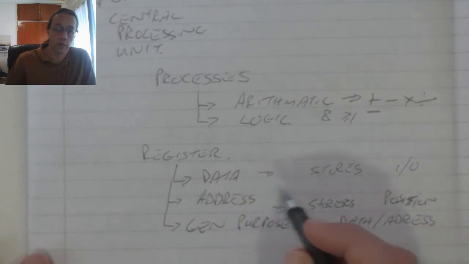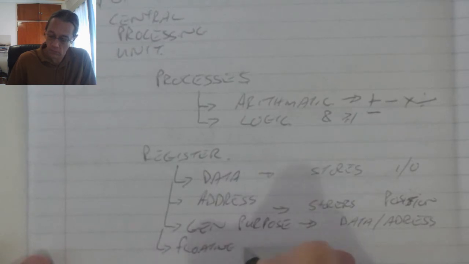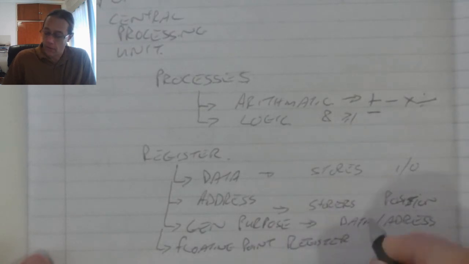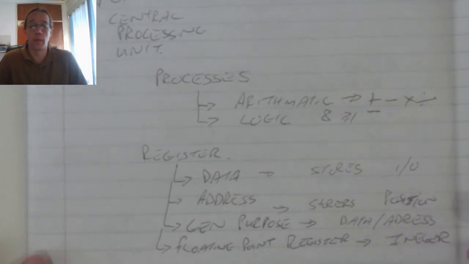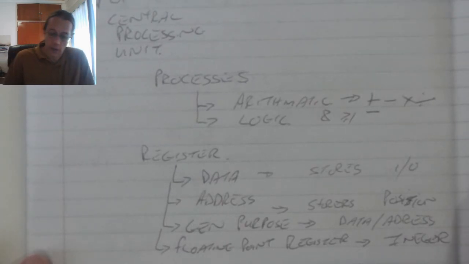And then finally we have floating point registers. These have the ability to store non-integer values, which are primarily used for analog values.